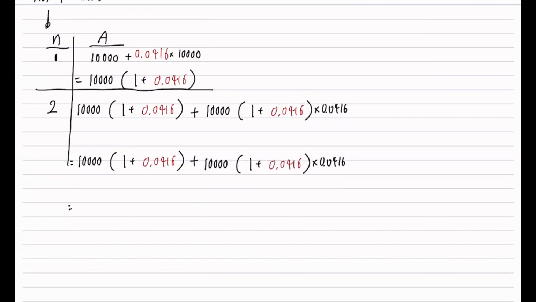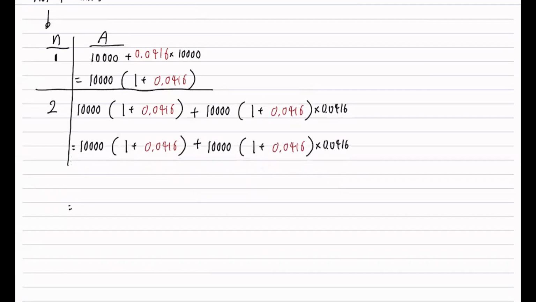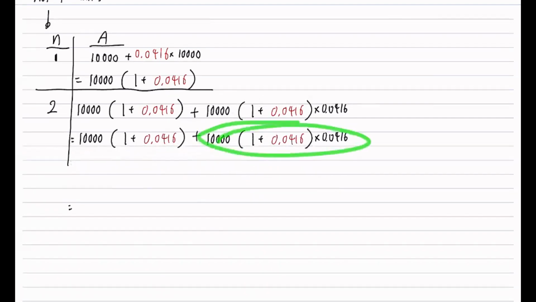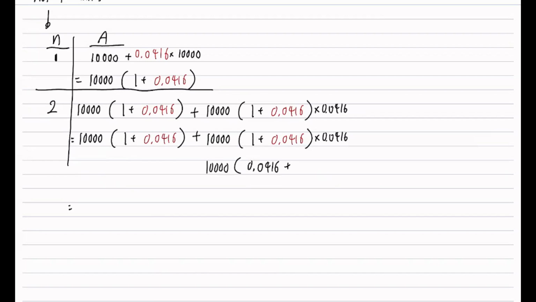This part here will be equal to 10,000, but you multiply in, so you get 0.0416 plus 0.0416 power 2, plus the original amount. Then you realize that there is a 10,000 in front, so you can factor out the 10,000. Then you'll end up with 1 plus 0.0416.